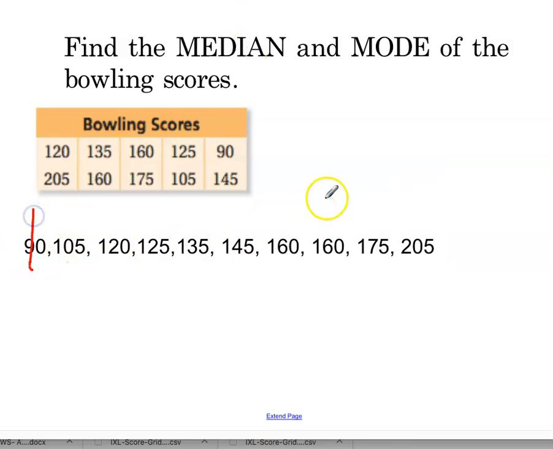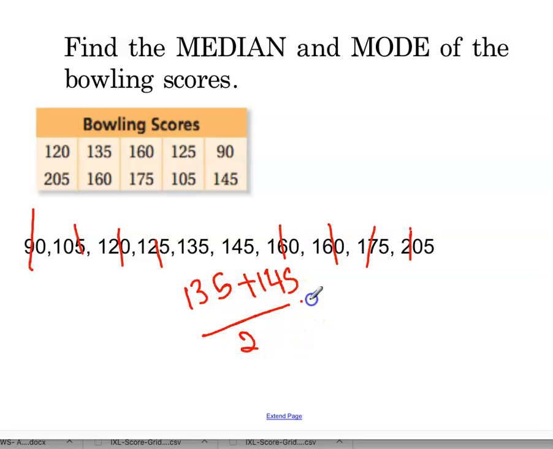Remember, the median is the middle, so I'm going to start by crossing out the highs and the lows. This is easiest if you do it on a whiteboard or paper. So because it was an even number, I get 2 in the middle. So I take 135 and 145 and I add it together and I divide it by 2. So I'm going to get 280 and I divide it by 2.